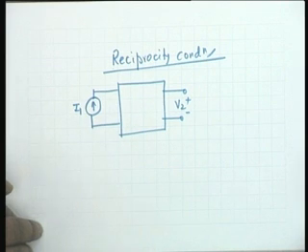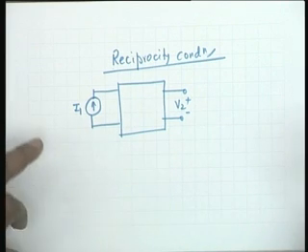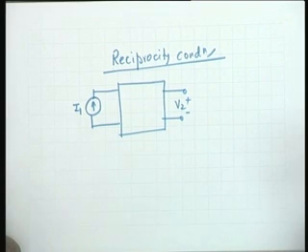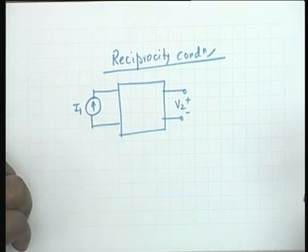Agreed? Now, reciprocity demands that if the current source is taken to the right hand side and the voltage is measured under open circuit condition on the left hand side, the ratio should be equal.